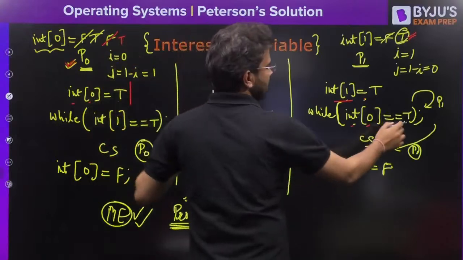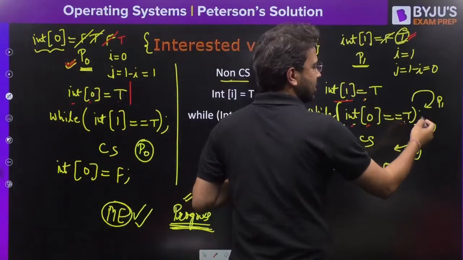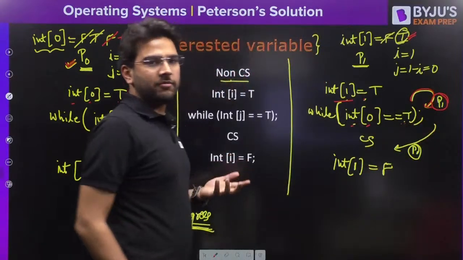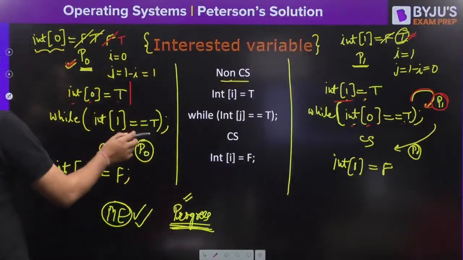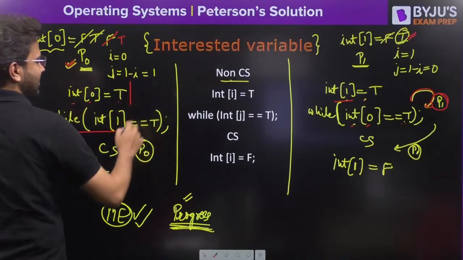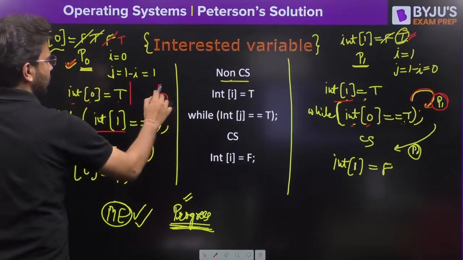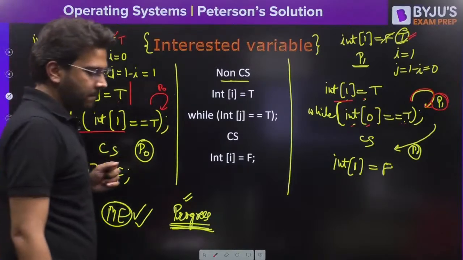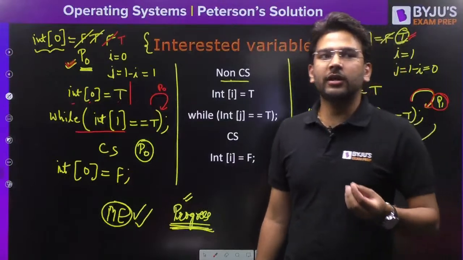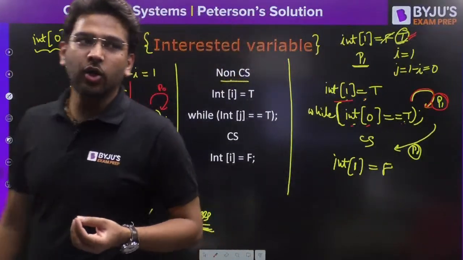So true is equal to true. That means this condition will be true. P1 will be doing busy waiting here. Similarly, now if I execute this one again, int of 1 is equal to true. Yes, it is true. P0 will also do busy waiting here. So that is a case of deadlock.